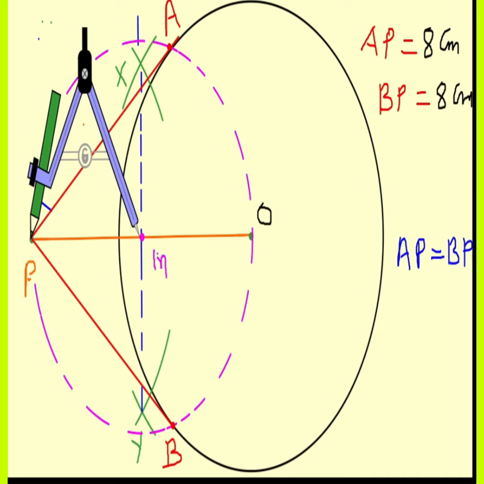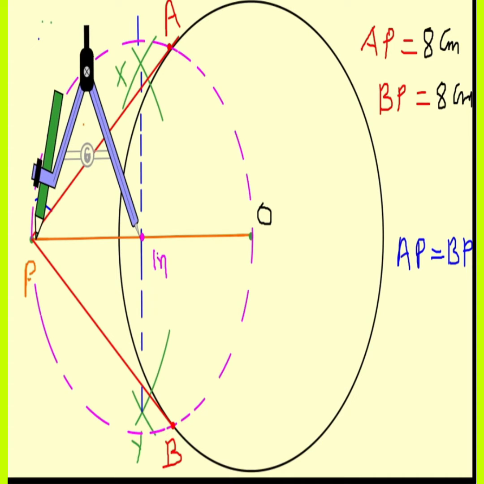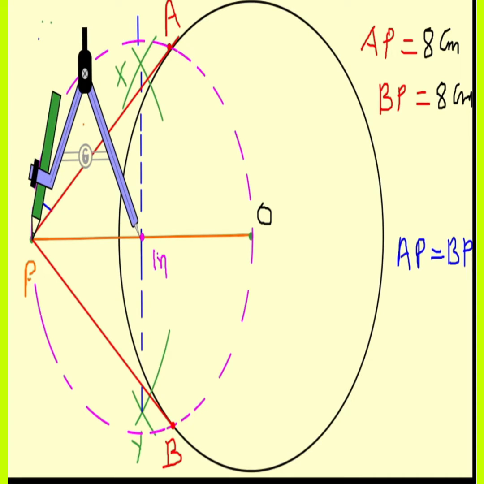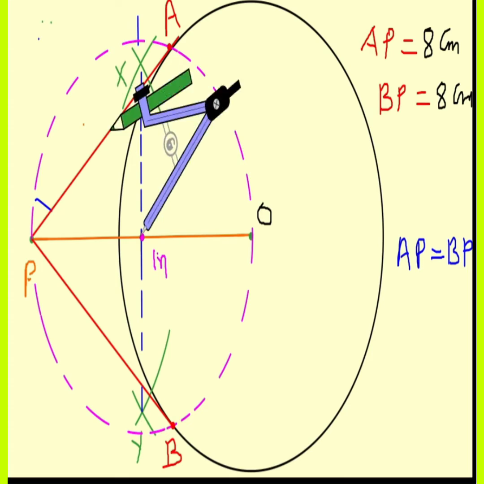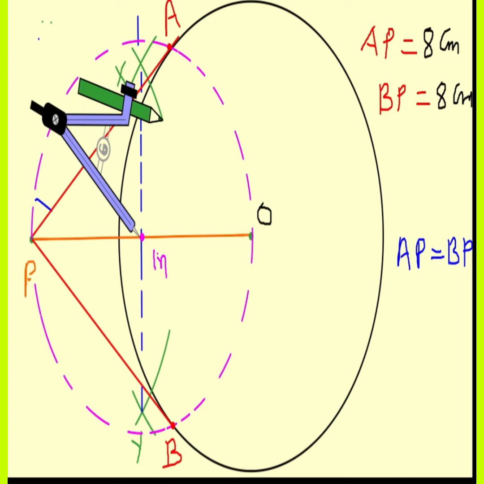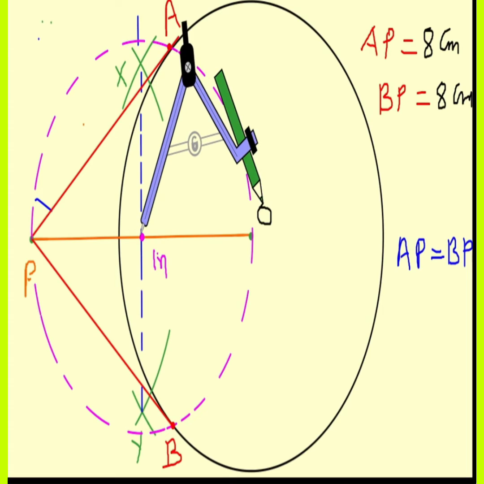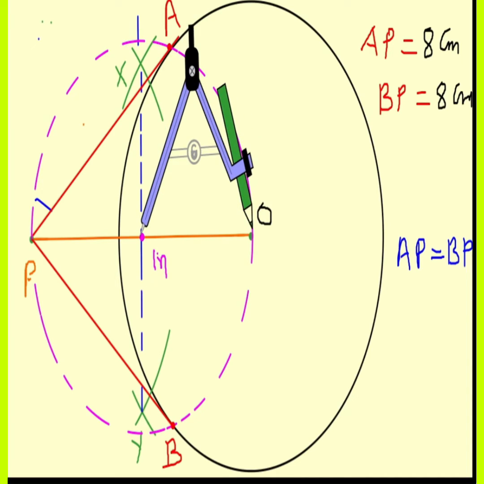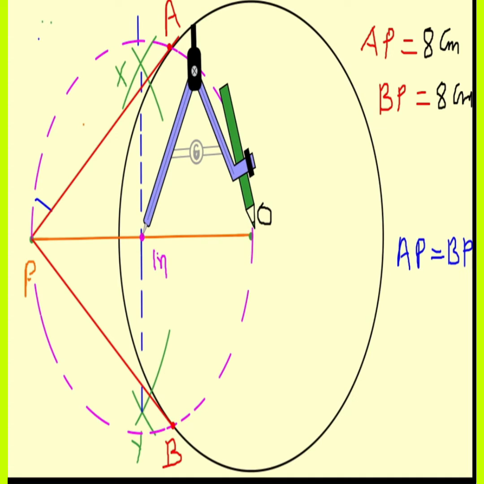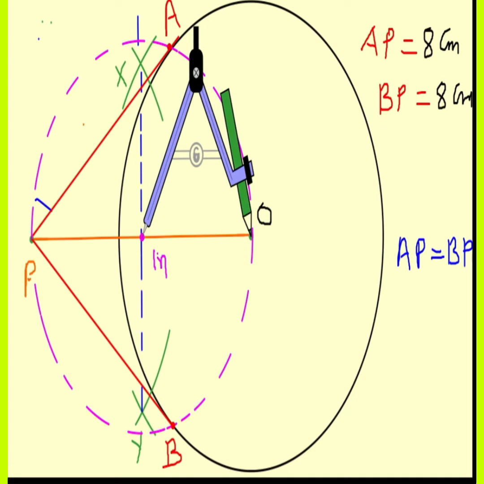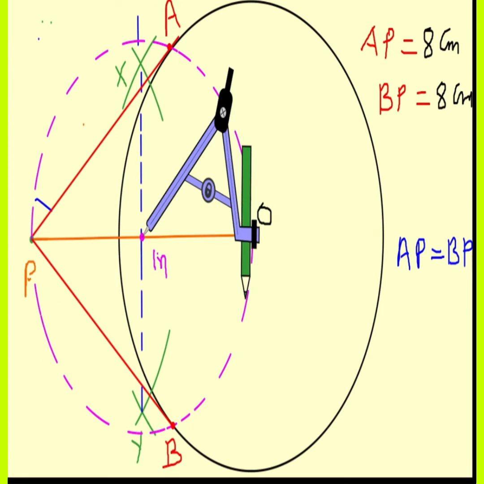And after that, fixing this distance in your compass, you will draw a dotted circle as you see, just like that. You take the distance OM or PM, and with this distance you draw a dotted circle.